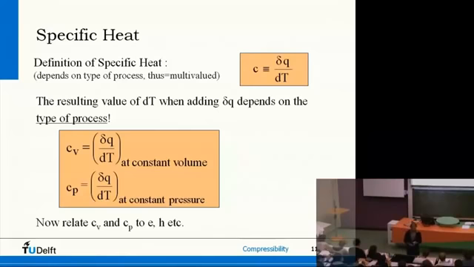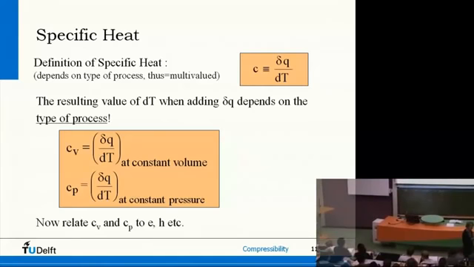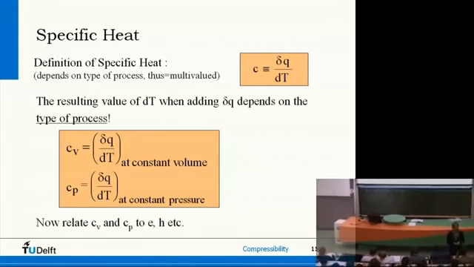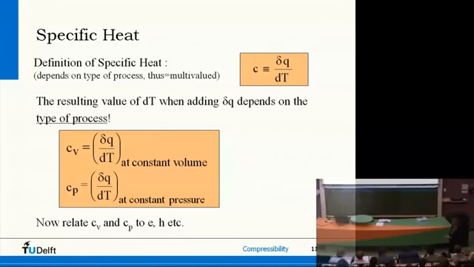It's defined as C is dQ over dT. So dQ is equal to C dT. If you add a certain amount dQ, with this specific heat constant you can find how much the temperature will change. And we have two specific heats, one for constant volume processes and one for constant pressure processes. So CV and CP.